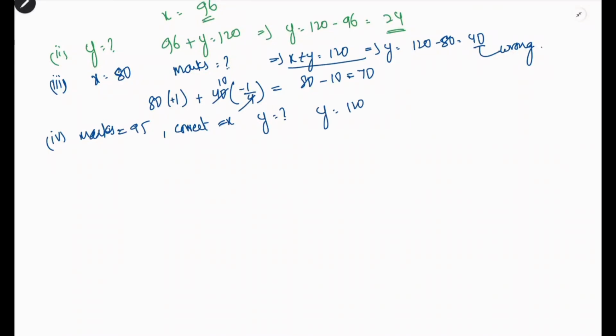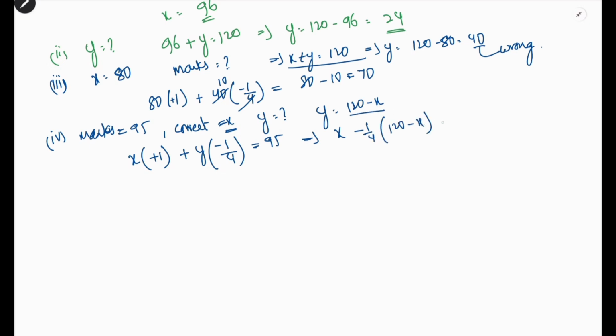It is 120 minus x. So we will make this an equation. For every correct answer he got plus 1, so he made x questions correctly, and for every wrong question he got minus 1/4, which is equal to 95. Here x minus 1/4 into, we will substitute this value, 120 minus x is equal to 95.